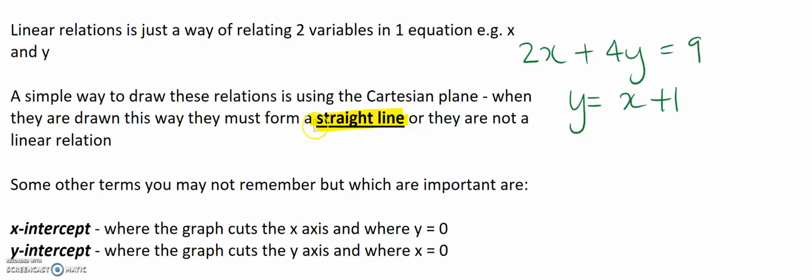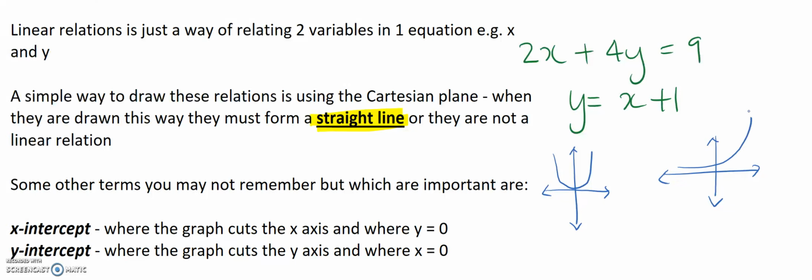That's important. If the equation that you have doesn't form a straight line, then it's not a linear relation. So examples of a non-linear relation could be something looking like that, or something looking like that.